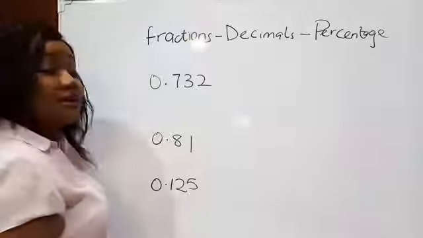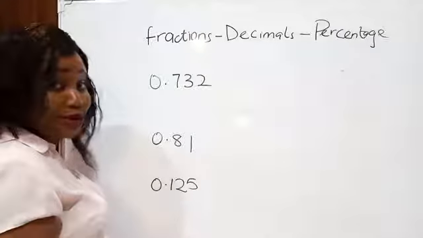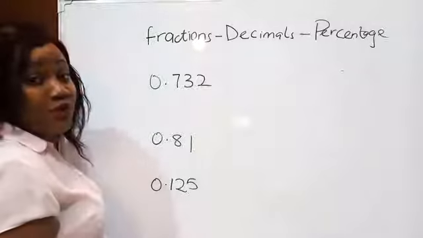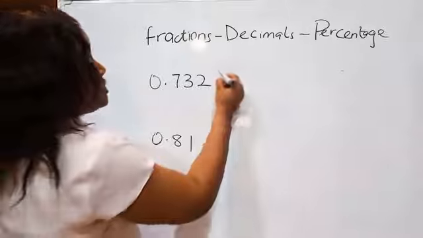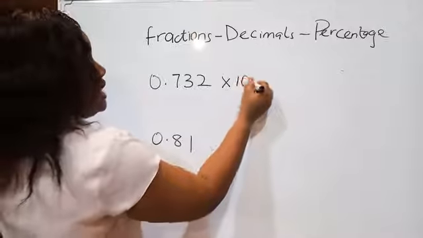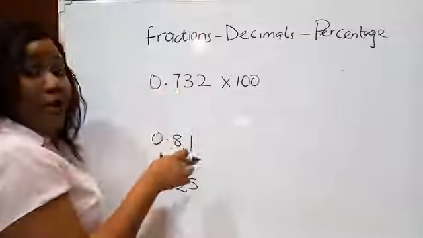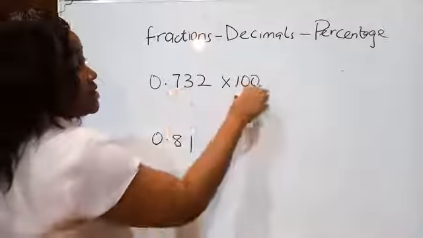Let's look at converting decimals to percentages. All you have to do is multiply by 100. Very simple. So 0.732, you want to convert it to a percentage, you multiply it by 100. And remember our decimal point movements. It moves forward by 2 steps because there are 2 zeros here.